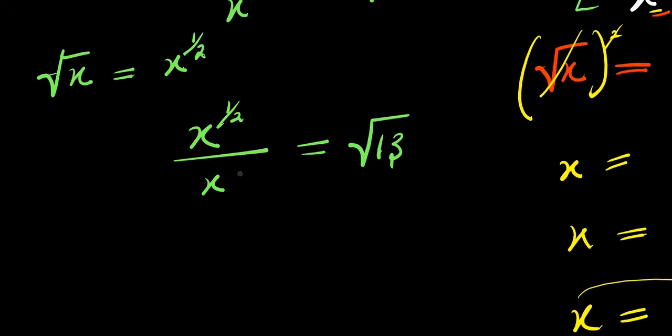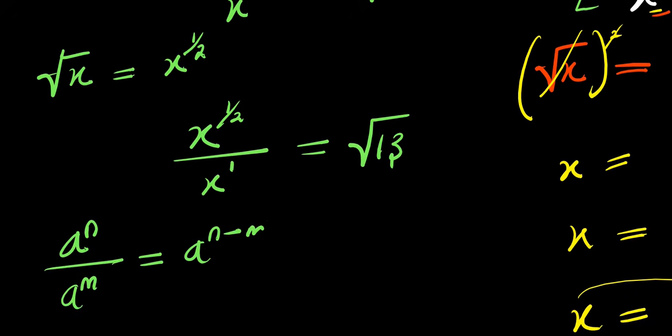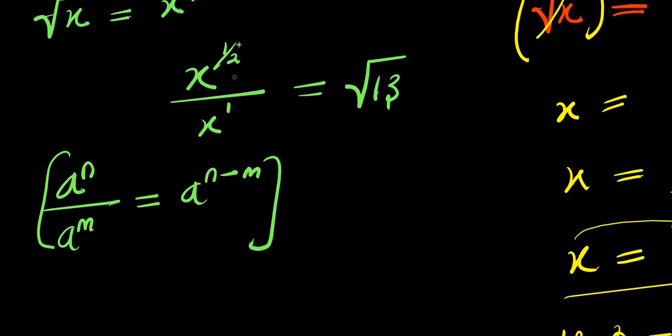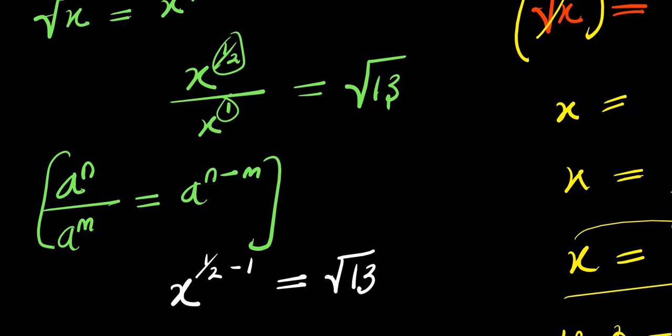And this x here is raised to the power of 1. So if you have a to the power of n divided by a to the power of m, this equals a to the power n minus m. So we are going to subtract this exponent. I'm going to have x to the power 1 over 2 minus 1, and this equals the square root of 13.